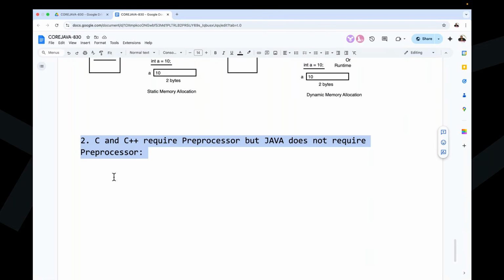Yes, sir. Can I explain it? Just read the statement. I'm asking you to just read the statement before going to understand the content. Okay. Then how does memory allocation happen? If it is a static programming language, the compiler will do that, sir. If it is a dynamic programming language, the runtime engine will do that.